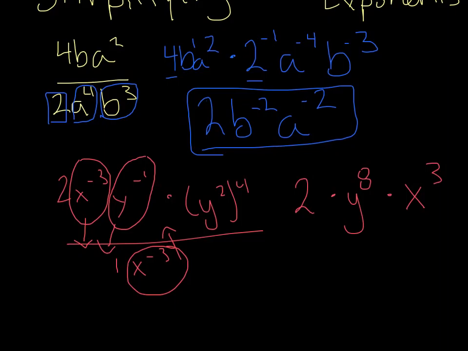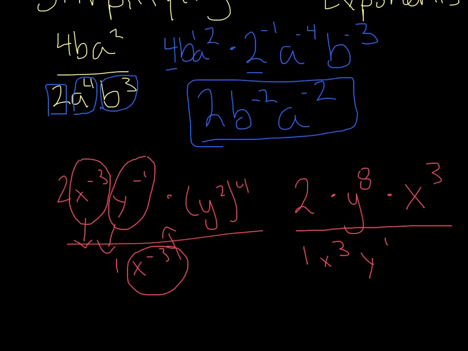Because right now I have 1 over x to the negative third, which is 1 over 1 over x to the third, which is just x to the third. And then rewriting these with positive exponents, over here we have x to the negative third, which is 1 over x to the third, which is the same thing over here.